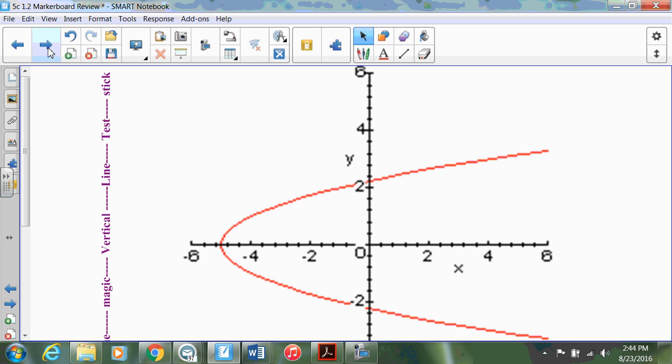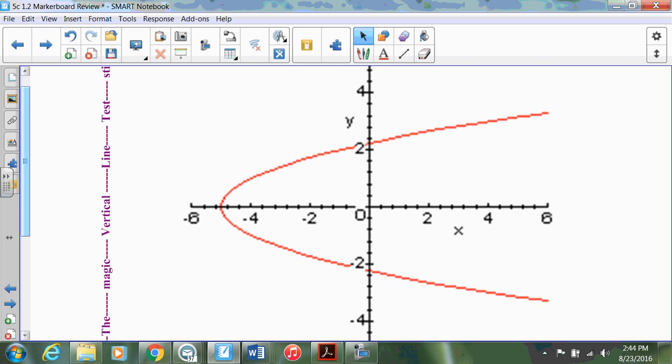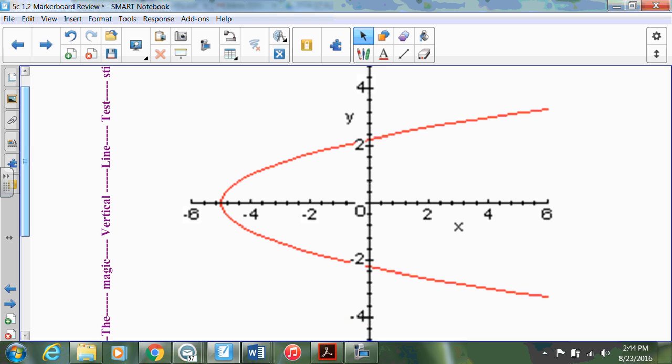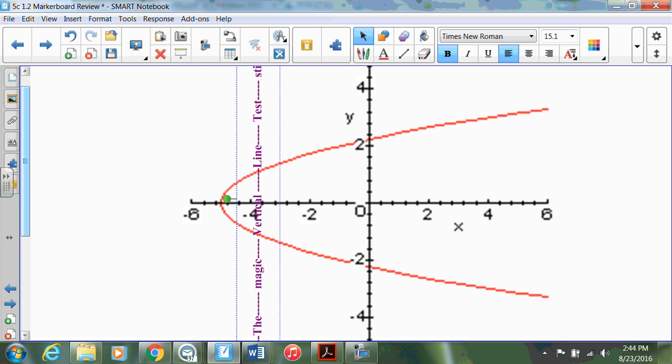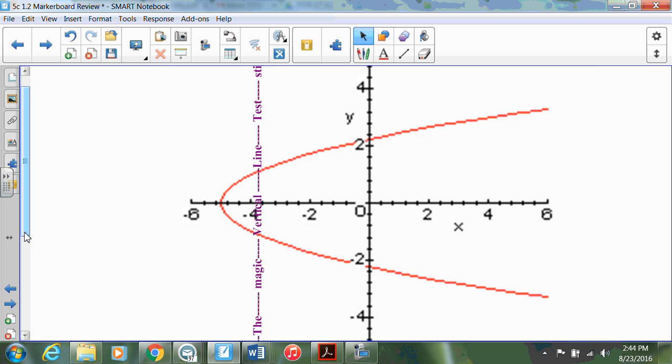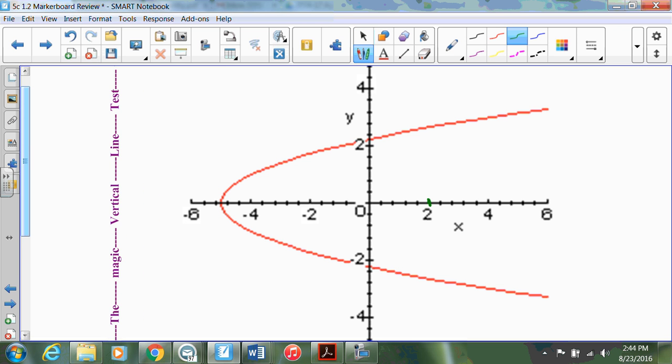This one looks like a sideways quadratic, but it is not a quadratic. And you can tell real easily when you roll the vertical line over it that it is hitting 2 points each time you're moving it, which is not a function. If you want to think about it further, look at when x is 2.